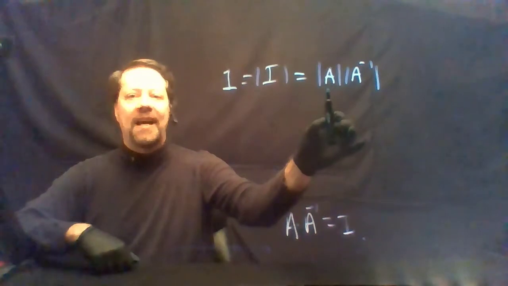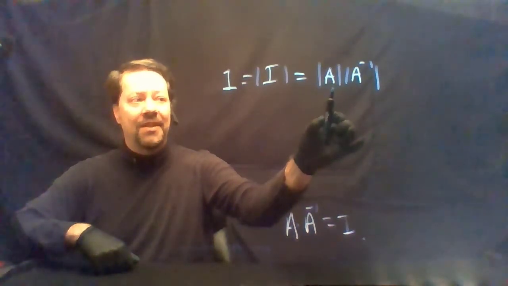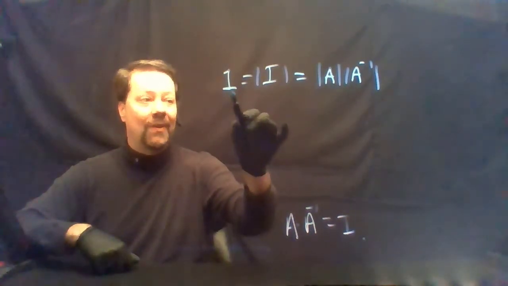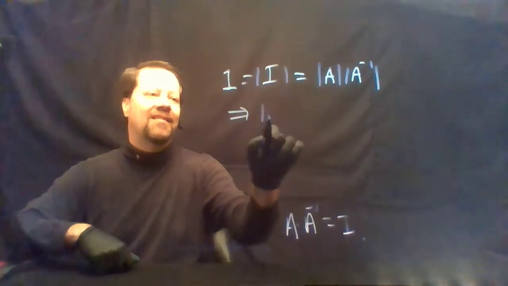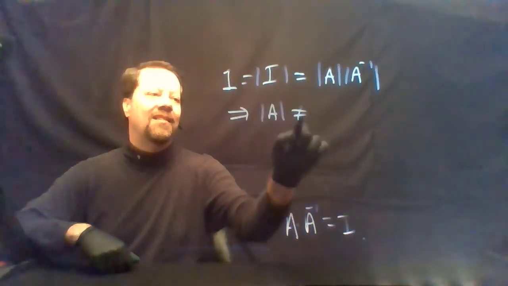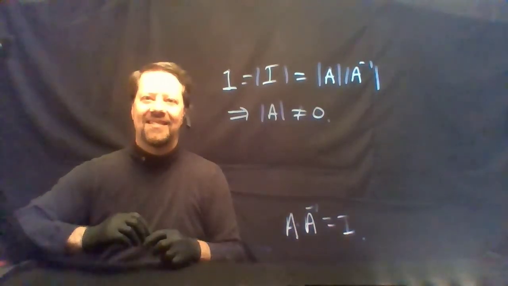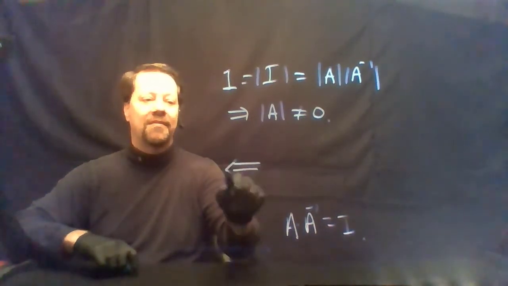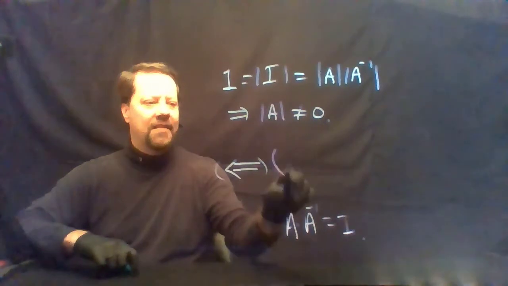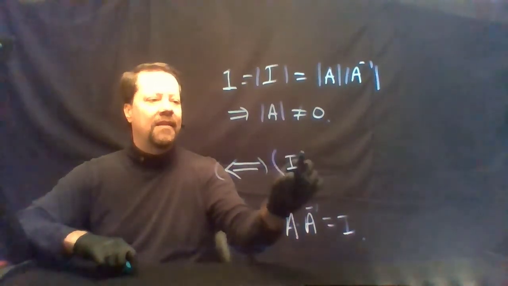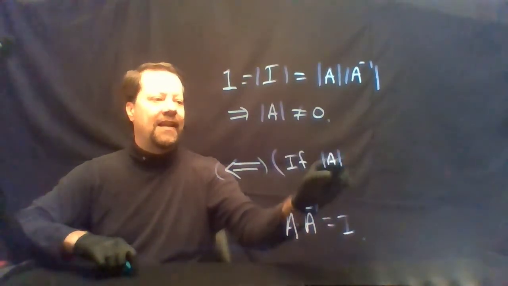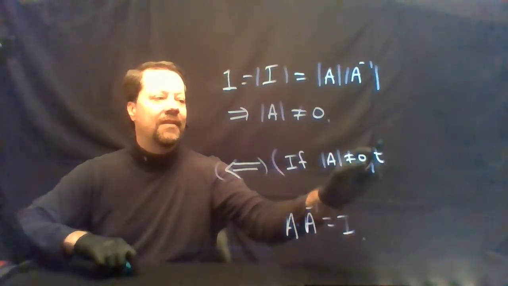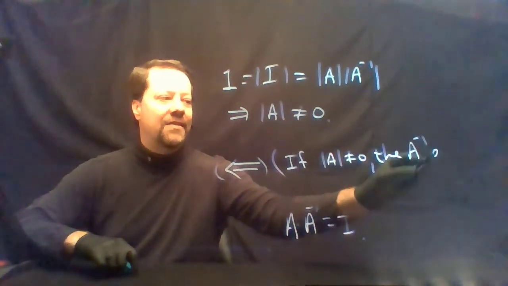It follows that the determinant of A can't be 0, because if it were 0, you wouldn't get 1. We now need to prove this the other way around. This is the theorem where if determinant of A is not 0, then A inverse exists.